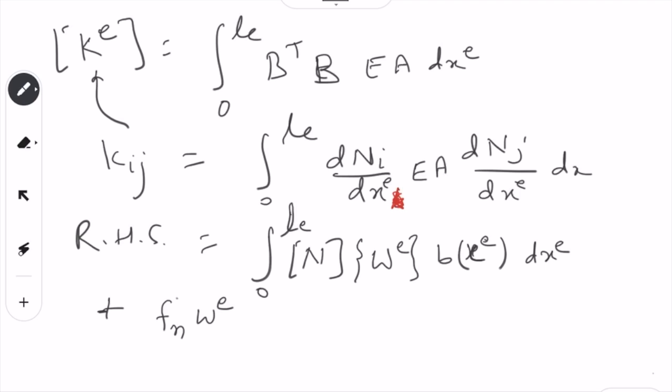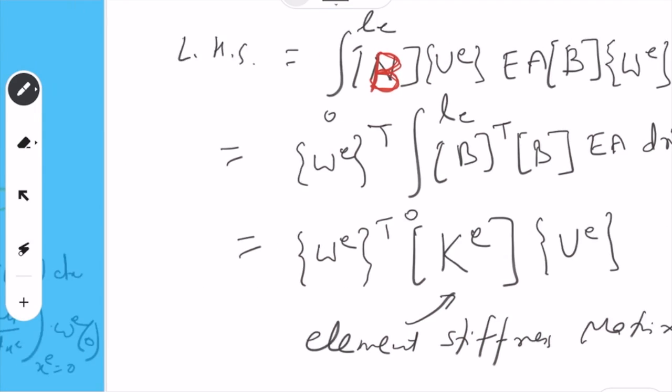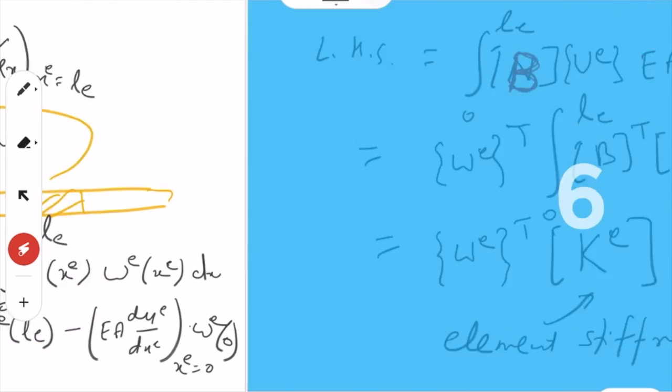So let's call it FEn multiplied by WE at the last node. This is just our notation. So WE at LE is nothing but the last point, that means W at the last node, WEN.